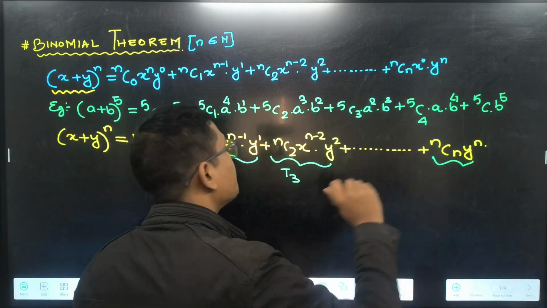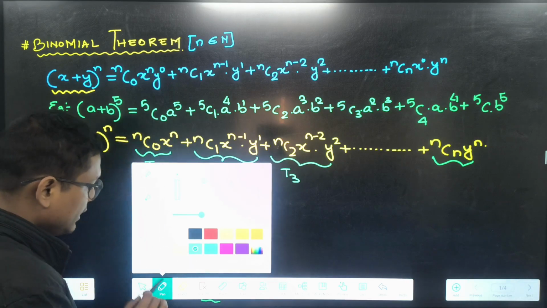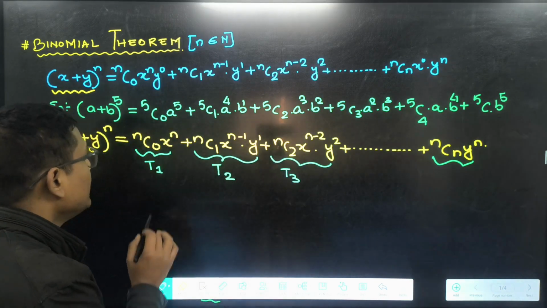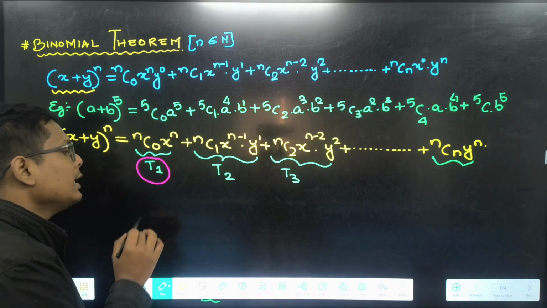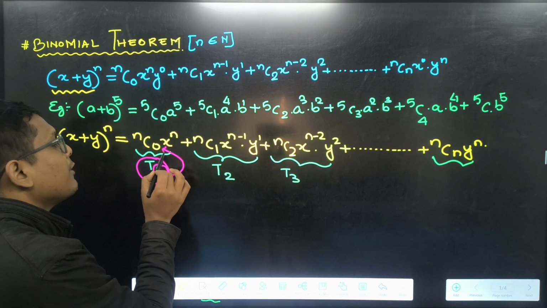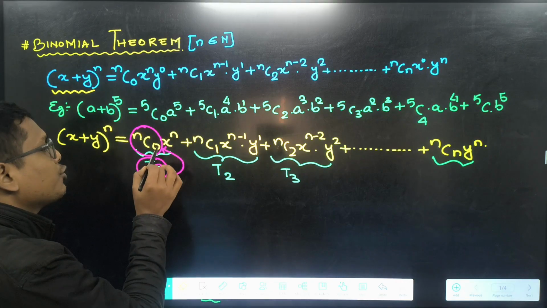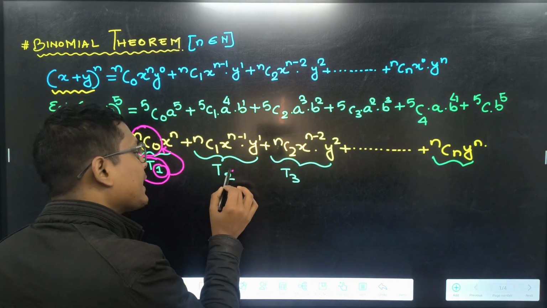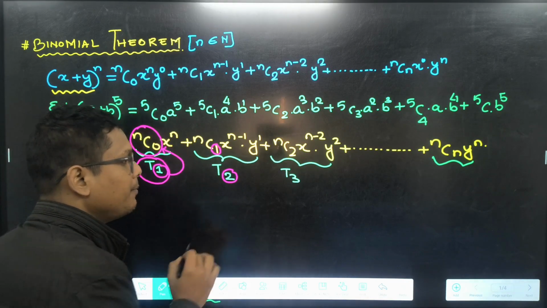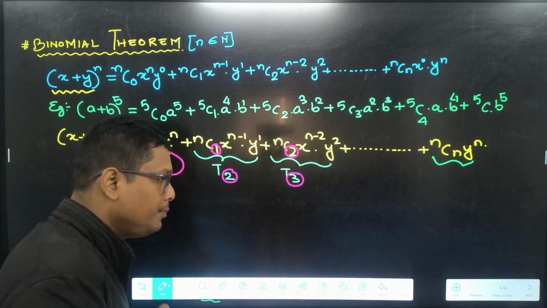If you look properly at any position, in the first term the lower suffix of nC0 is 0, that is, the lower suffix of the coefficient of x to the power n is 0. In the second term, the lower suffix of nCr is 1. In the third term, the lower suffix is 2.